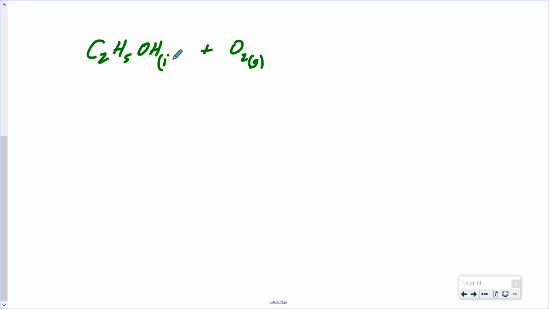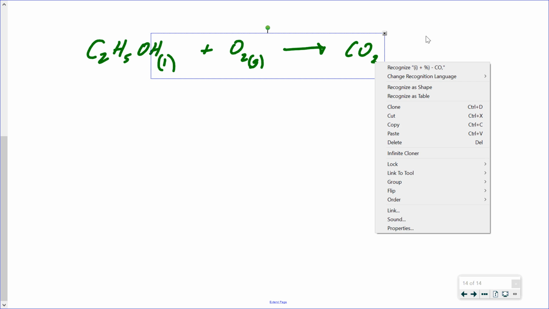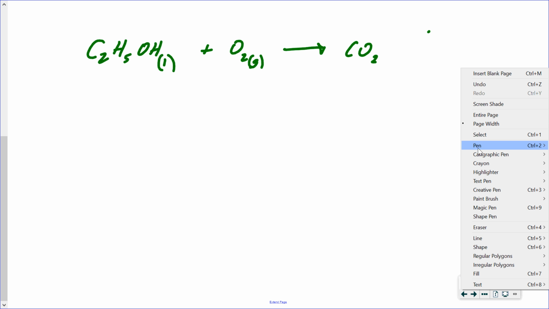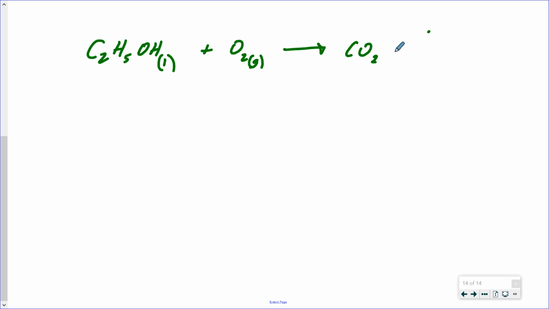This is liquid, alcohol is a liquid. What do you get as your products? The same as in the previous reaction, CO2 and H2O. So whenever you have a hydrocarbon combustion reaction or one that has oxygen, these will always be your products. Both of them are going to be a gas because it is at high temperature.